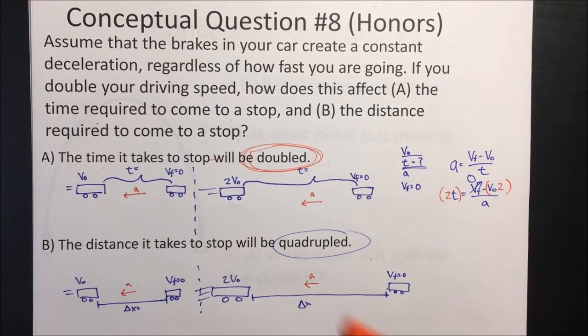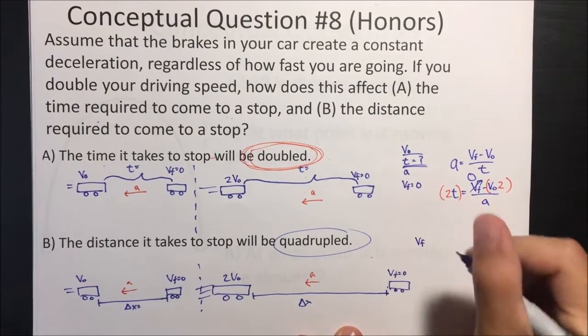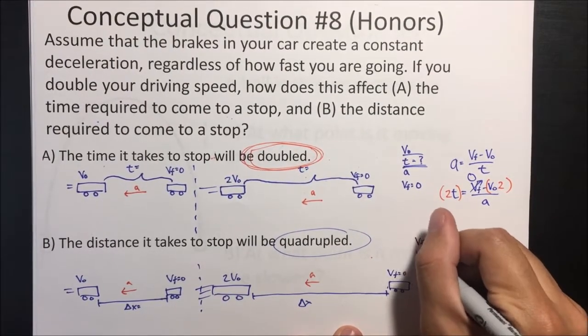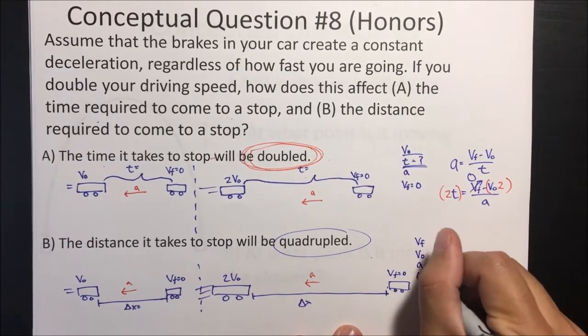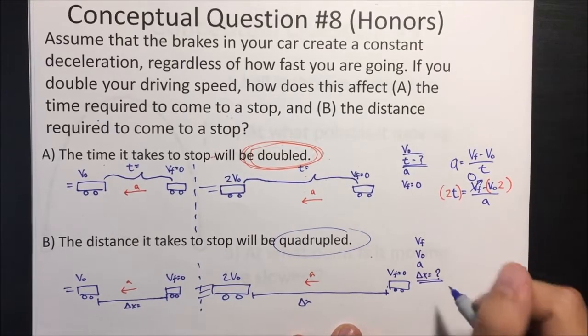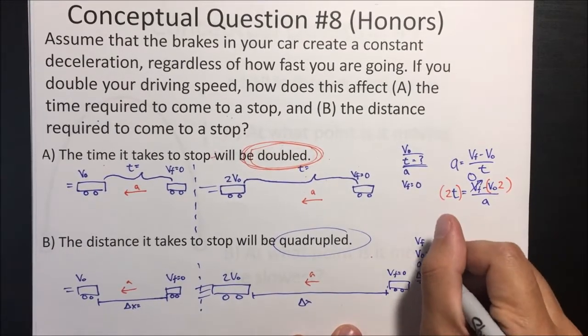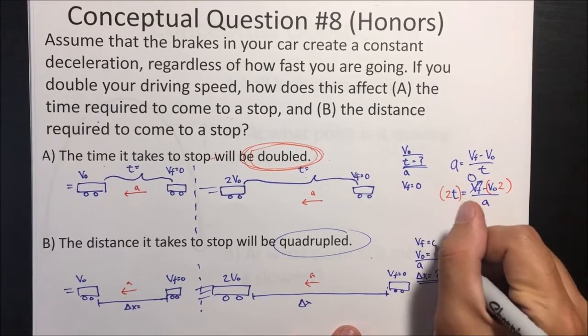We have initial velocity, acceleration, displacement, and final velocity. So let's write it out: Vf, V initial, acceleration, and displacement. What we're looking for is this displacement, and we want to find what it is as this velocity changes. We also know the final velocity is 0.